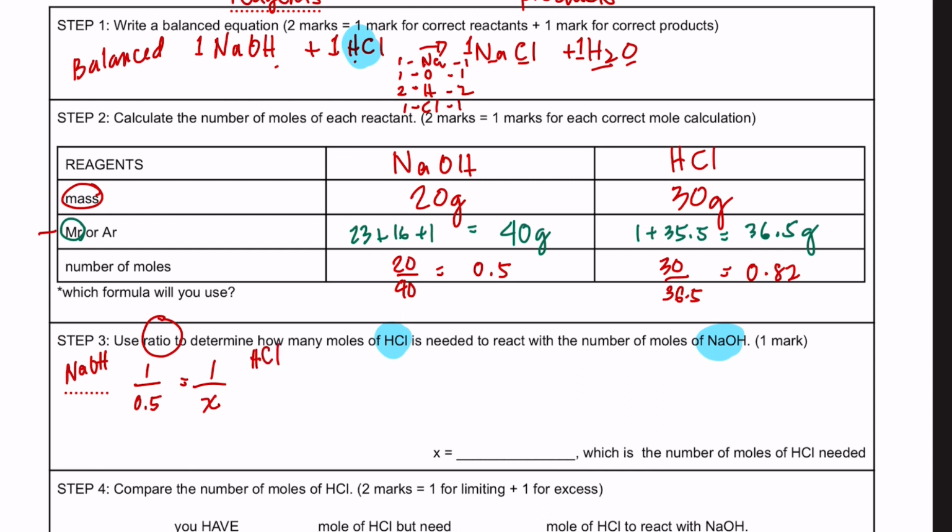Okay, so cross multiply, you have X is equal to 0.5 mole. That means we need 0.5 moles of hydrochloric acid to react with 0.5 mole of sodium hydroxide, because it's a 1:1 ratio. So if sodium hydroxide is 0.5, therefore you also need 0.5 mole of hydrochloric acid.